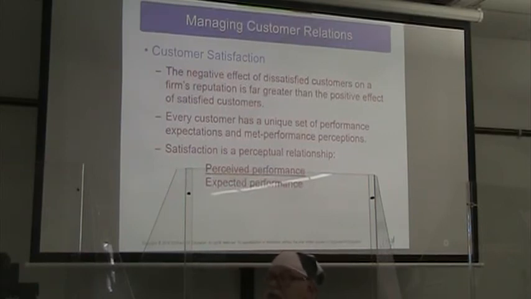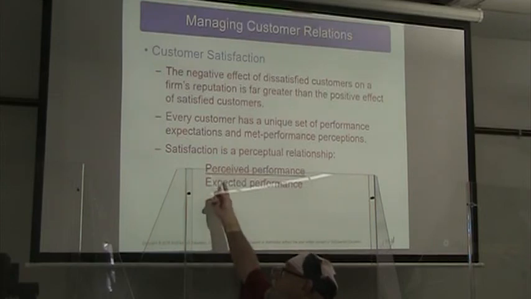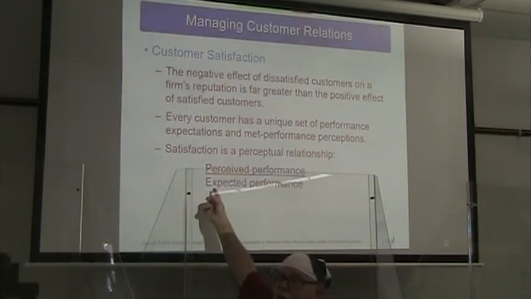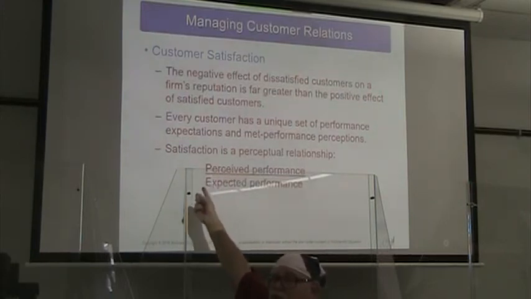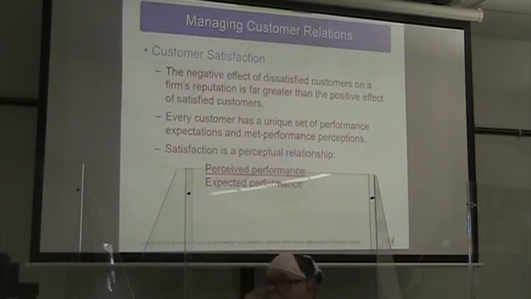So they perceive they get better performance than they expected. Oh man, they're at 110% of their satisfaction. They perceive they got worse performance than they expected, then it's going to go the other way. Well, they did an okay job.